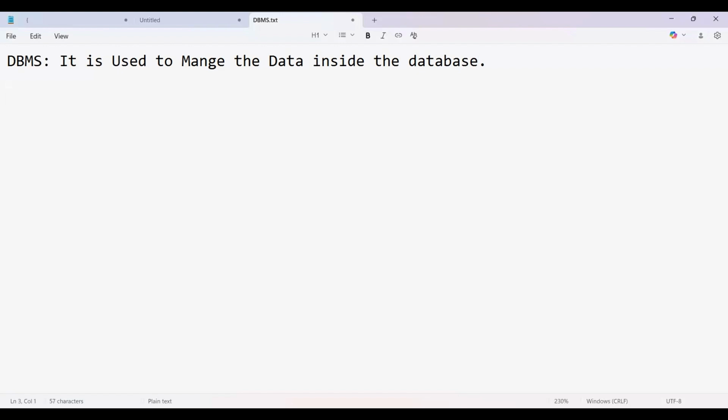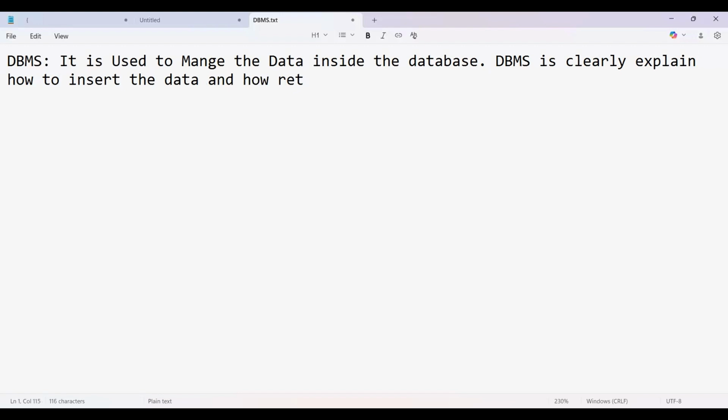Okay, DBMS, database management system, and DBMS clearly explains how to insert the data and how to retrieve from the database.